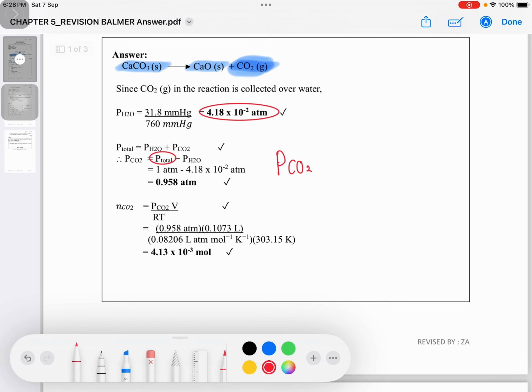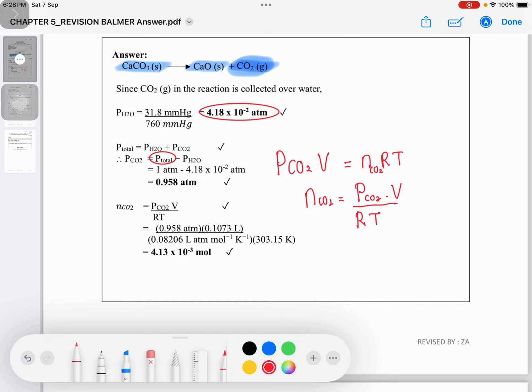From the pressure of carbon dioxide, we are using PV equals nRT. So n of carbon dioxide is equal to pressure of carbon dioxide times volume divided by R times T.